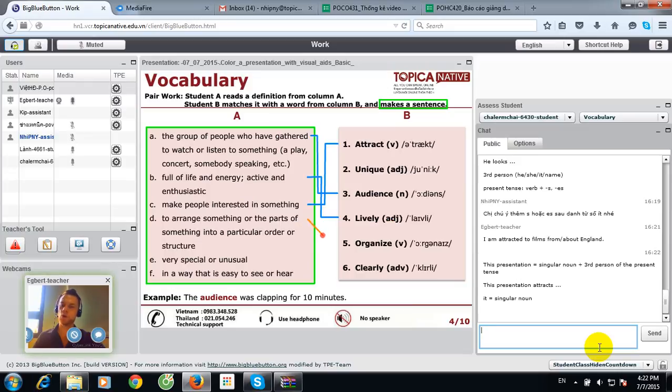Yes, to organize. That's what we're looking for. Perfect. And then Chalam Chai, please make a sentence with organize. He organized his image for a long time.